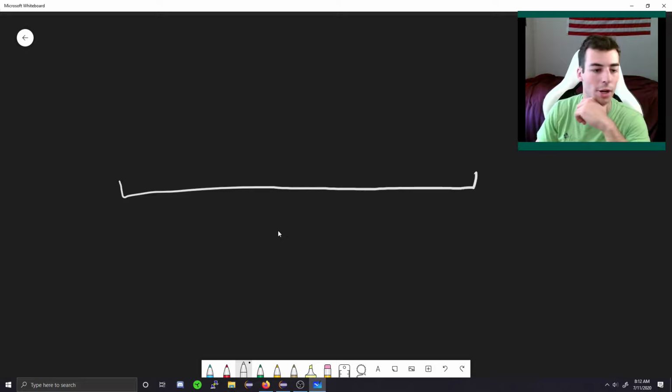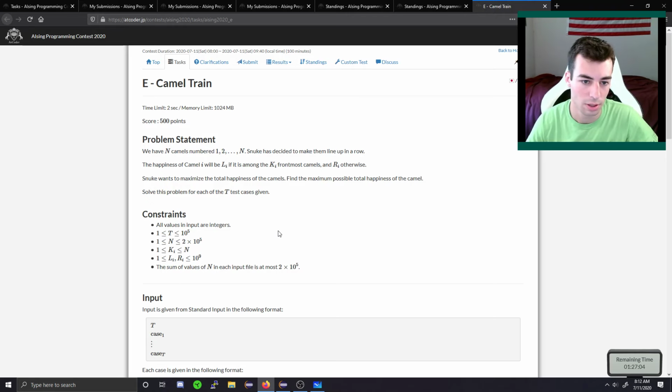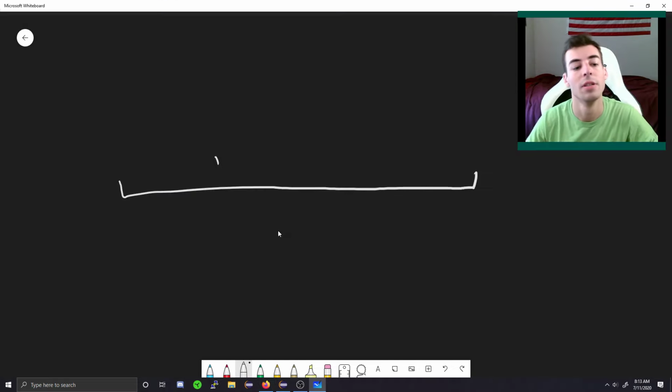All that matters is the cutoff point and the difference in values. Like if we're gonna get 10 points either way, we might as well look at this cutoff point. Oh, and Ri, can Ri be bigger? Yeah, Ri can be bigger, that's annoying. Well, maybe it's not that annoying. It might not matter, it might just be a negative difference.